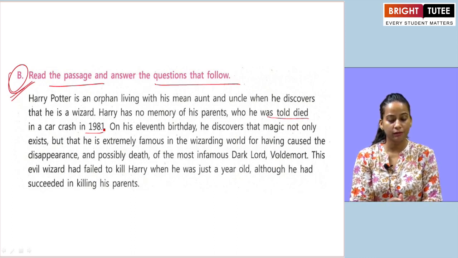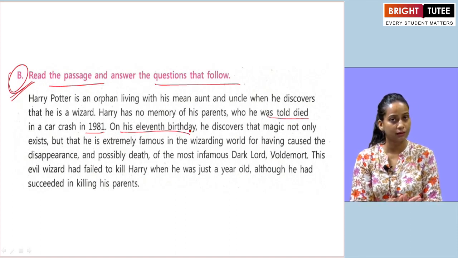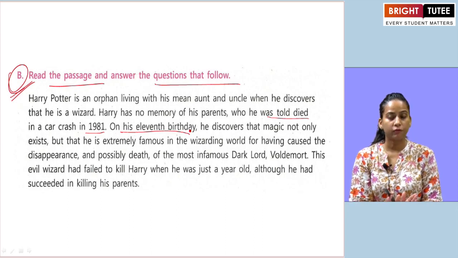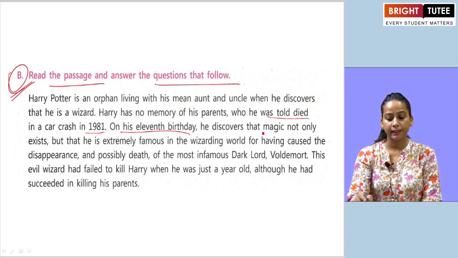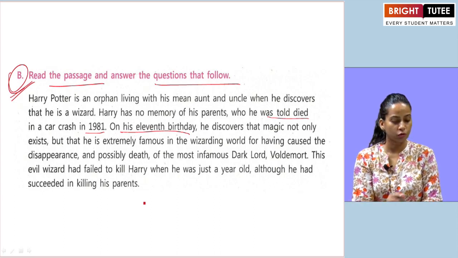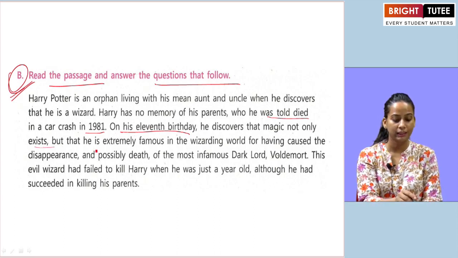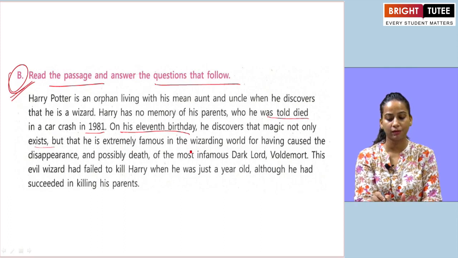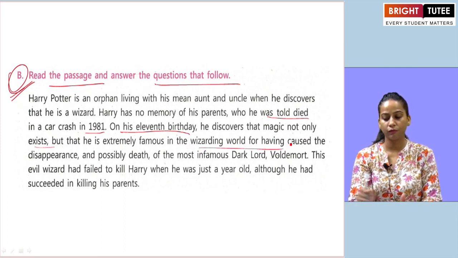On his 11th birthday, some keywords you are getting in between, so according to the question, just keep check on that, keep mentioning that, and it should be there in your mind.